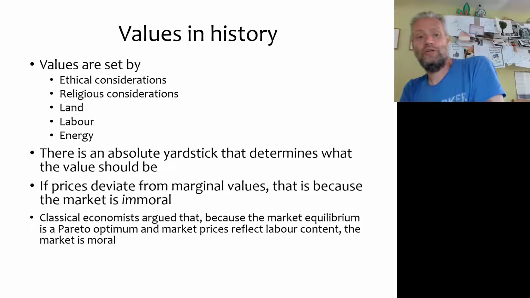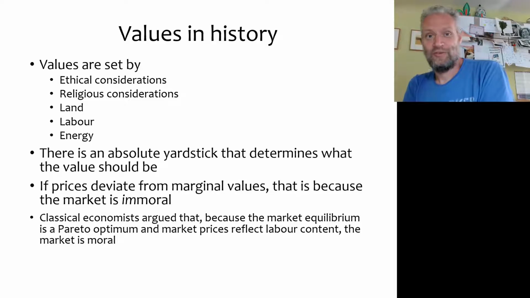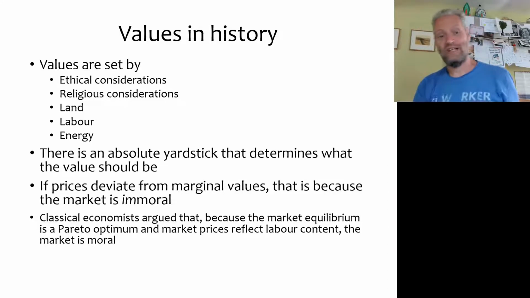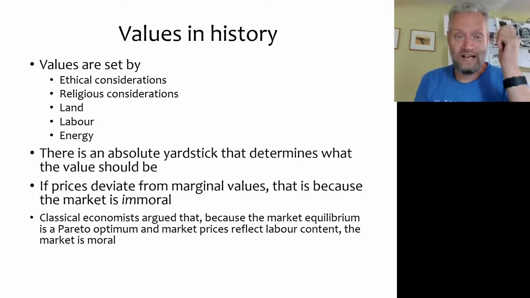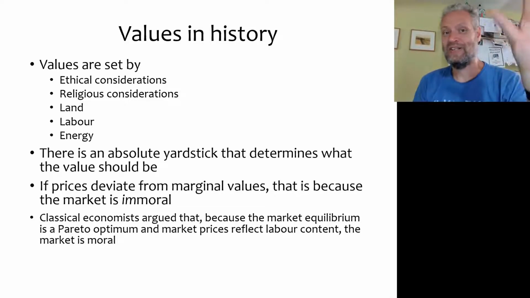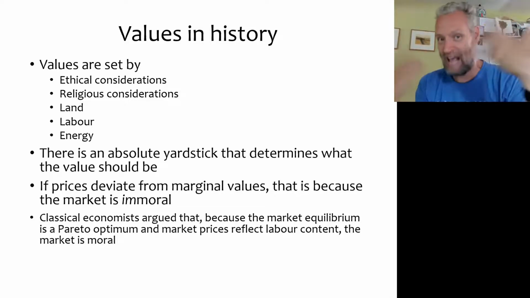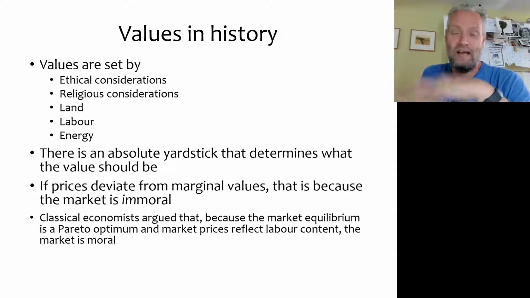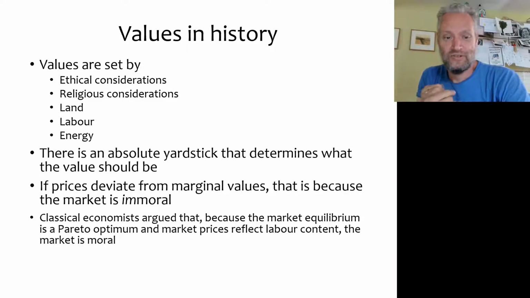The crucial thing about all these alternative theories of value, whether it's ethics or religion or land or labor or energy, is that there is an absolute yardstick. Value is something intrinsic, and there is an absolute number attached to that value.